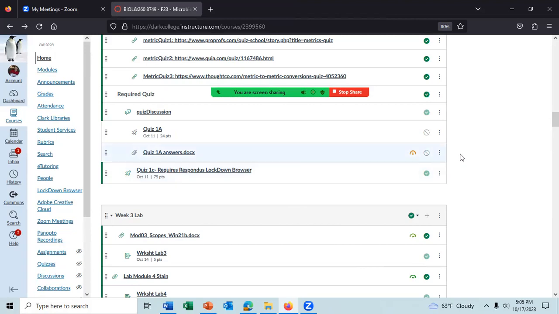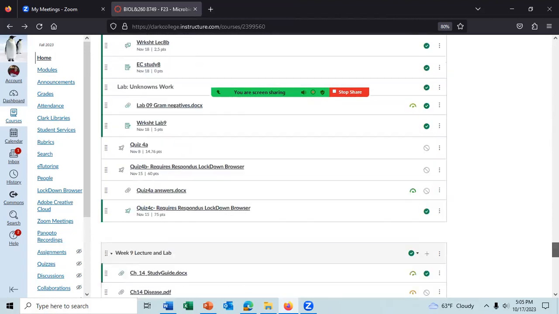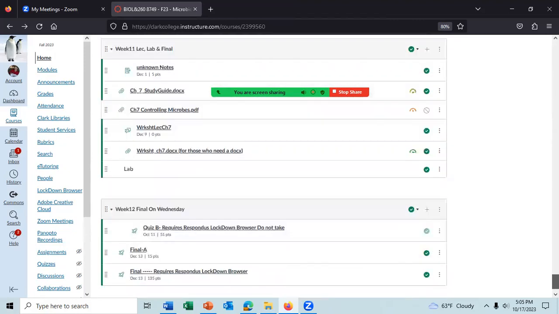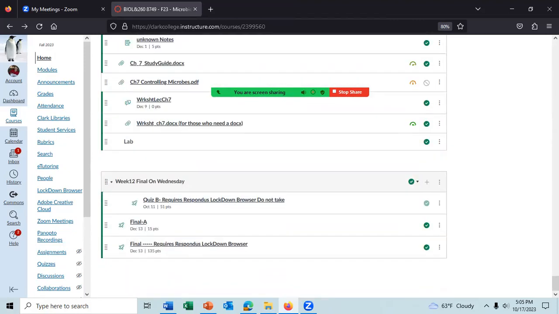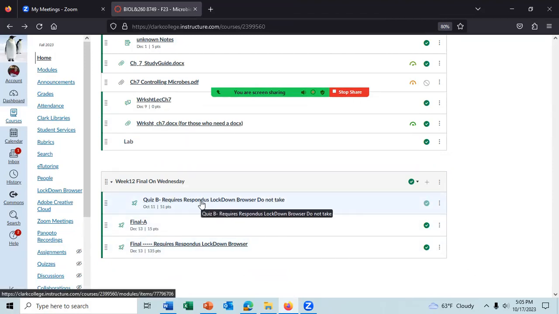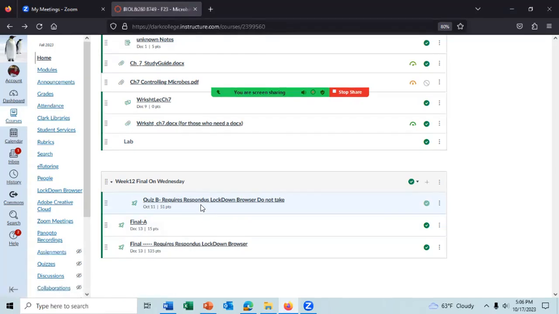Quiz 1B is actually, I moved it way down here because it's not a quiz I want you to take, and somebody got in there and took the quiz, so I can't delete it. So I'm going to make this one worth 0 points. I haven't done that yet, but I will do that. So this will not count towards the grade. And the person who took the quiz says they want to take quiz 1C anyway, so they'll get the grade for that.